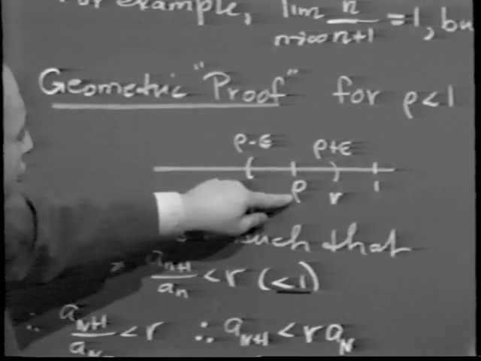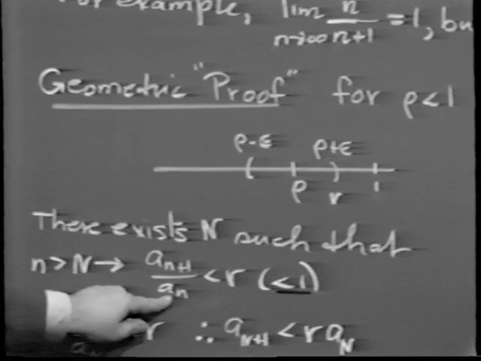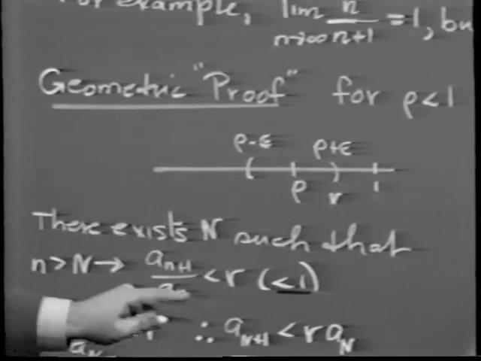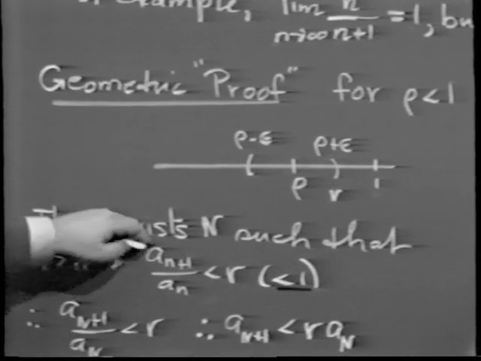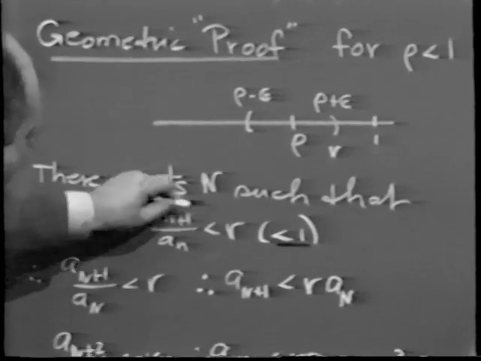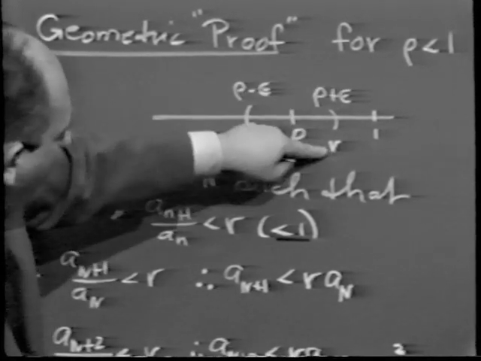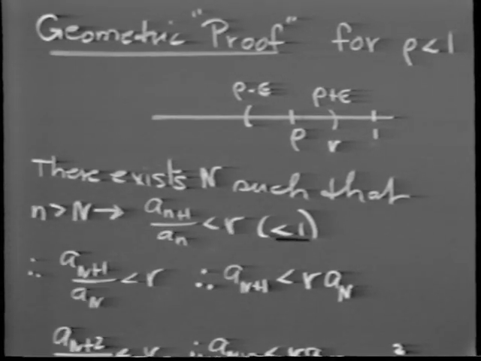Now, by definition of rho being the limit of the sequence a sub n plus 1 over a sub n, that means I can find a capital N for this given epsilon such that whenever n is greater than capital N, a sub n plus 1 over a sub n is less than rho plus epsilon, in other words, is less than r, where r is some fixed number now less than 1.